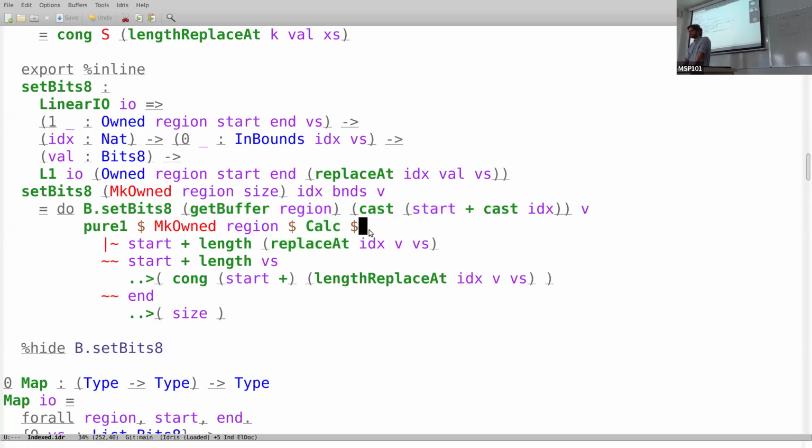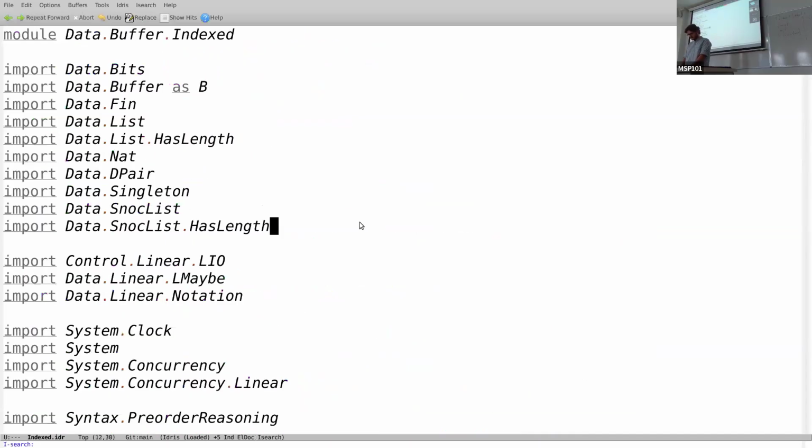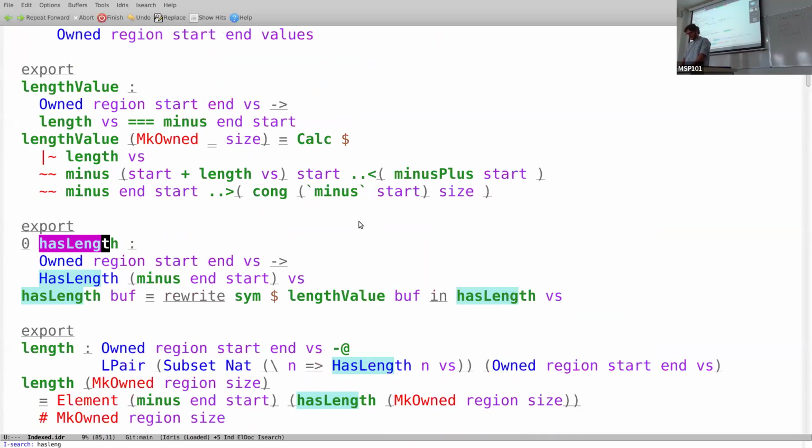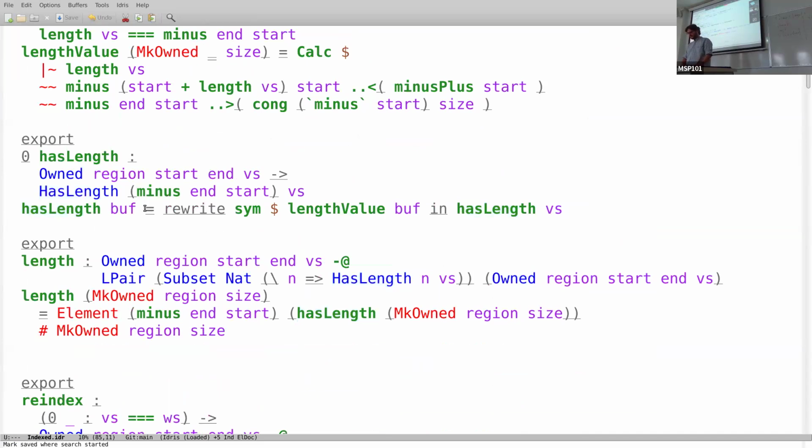Since all of this is abstract, these proofs are for you. Yeah, you could not do proofs, right? We do use them sometimes, so it's something I skipped over. So this is using the proof. If you ask for the length of the buffer, you're going to end up with the length of the list it's indexed by, which is what this is saying.